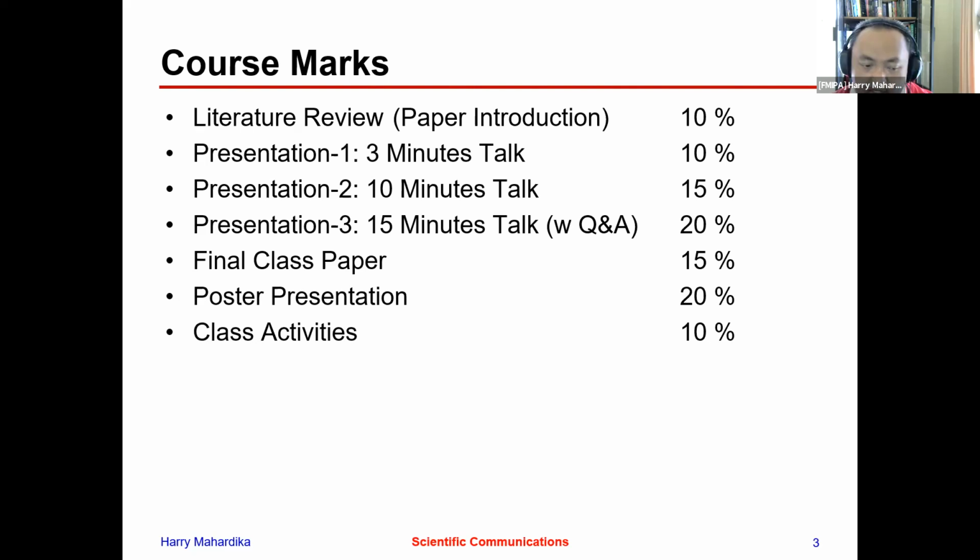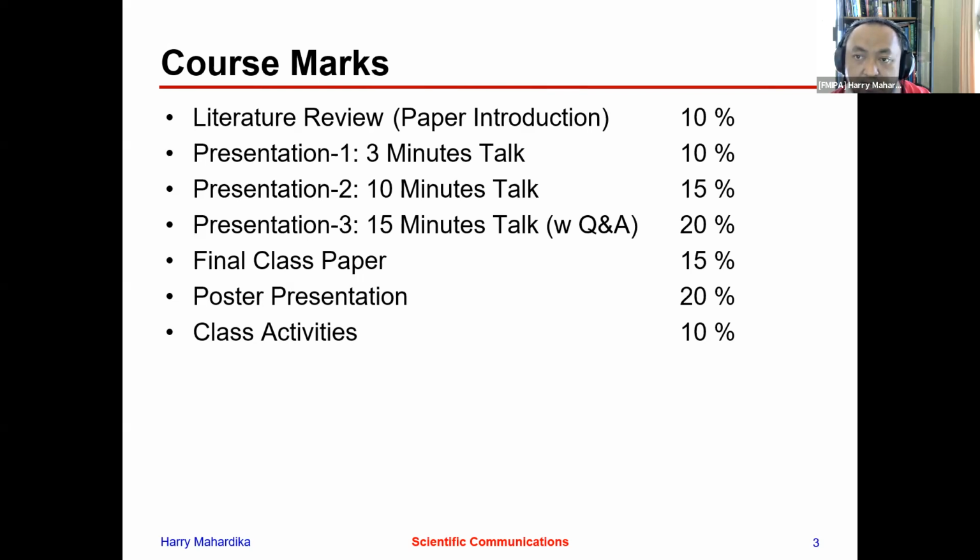Class activities here are based on our interaction. For example, when you gave that 1-minute introduction in the beginning of our class, when you talked about yourself and complied with the task the teacher asked you to do, that's part of class activities, including when I'm asking you about something, such as the title, whether you have it or not.